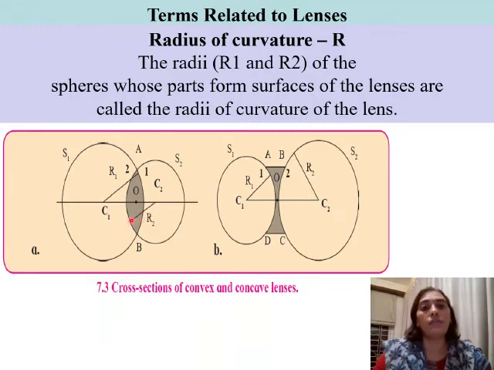So they are referred to as the radii of curvature. So the radii R1 and R2 whose parts form the surfaces of the lenses are called the radii of curvature. So we have learned two terms. One is center of curvature and the other is radius of curvature.